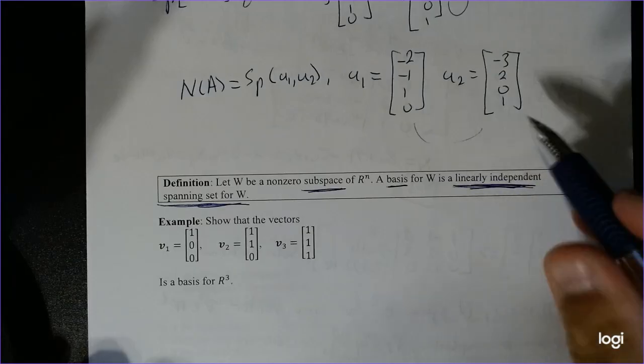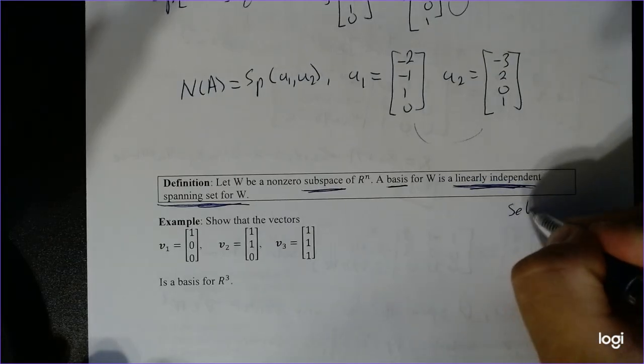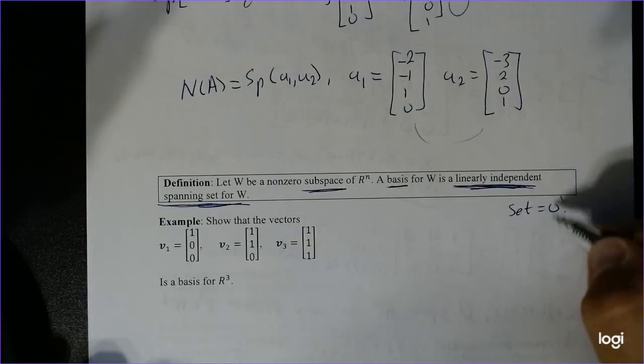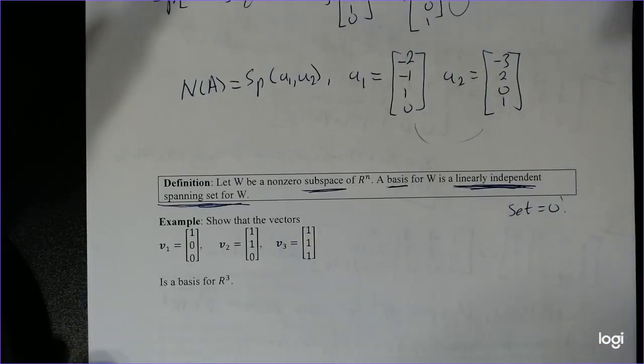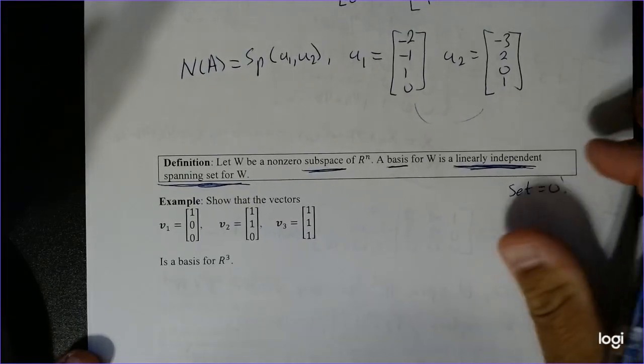The easiest one to remember is that the set equals 0, or in other words, you set everything equal to 0, or you find the null space, because that's one of the main criteria for linear independence.